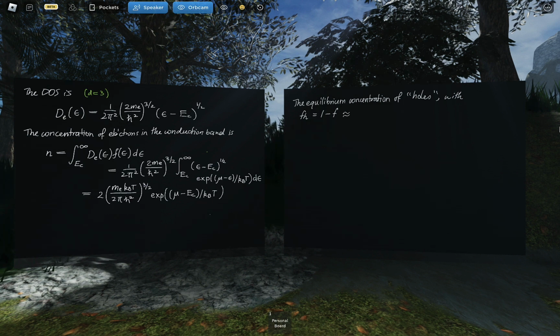Okay, and under the approximation that I'm taking, that's 1 minus this thing. And if you just put them in the same denominator, divide through by that exponential, and use the same approximation as I did earlier, you'll get that this is just this.